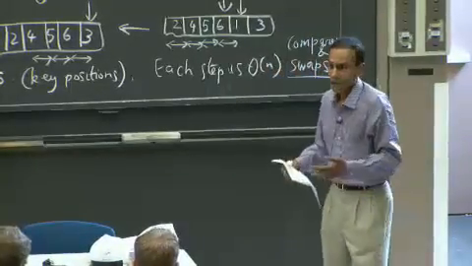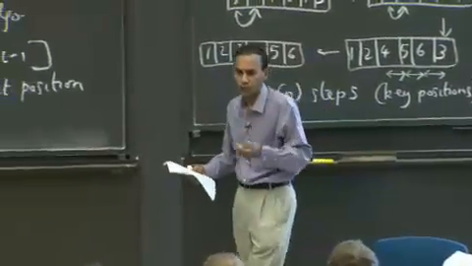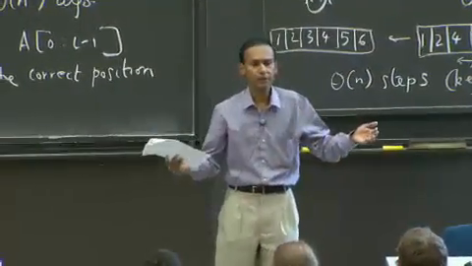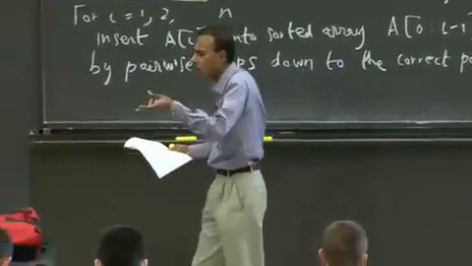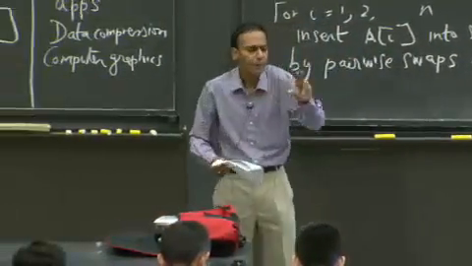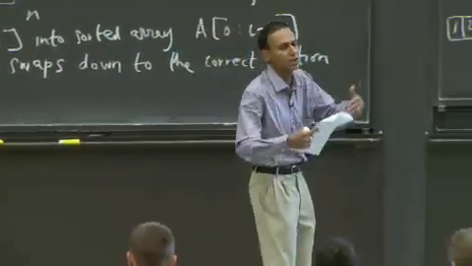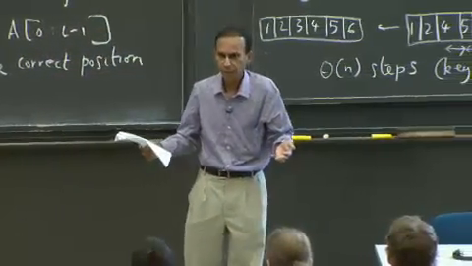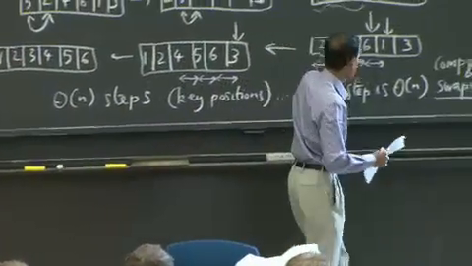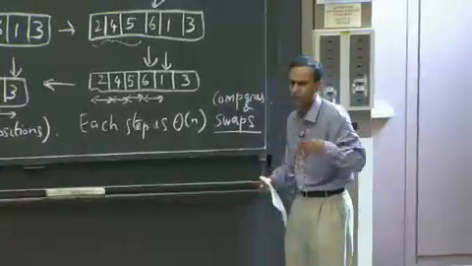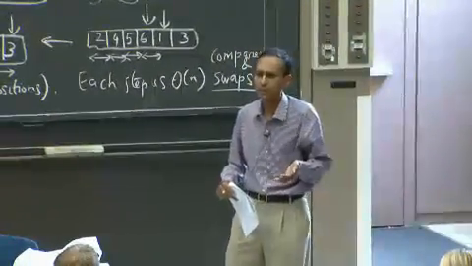But if you had a record and you were comparing records, and the comparison function that you use for the records was itself a method call or a subroutine, it's quite possible that all you're doing is swapping pointers or references to do the swap, but the comparison could be substantially more expensive. For most of the time, and we'll differentiate if it becomes necessary, we're going to be counting comparisons in the sorting algorithms.